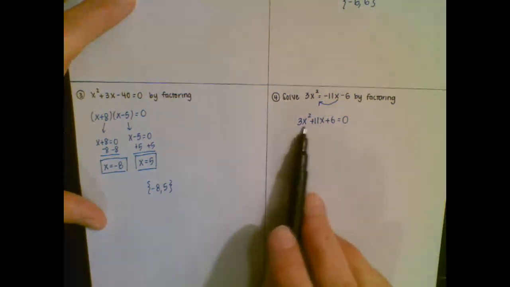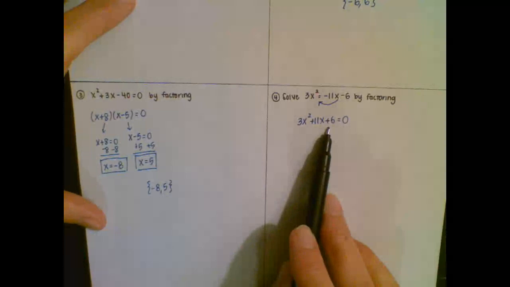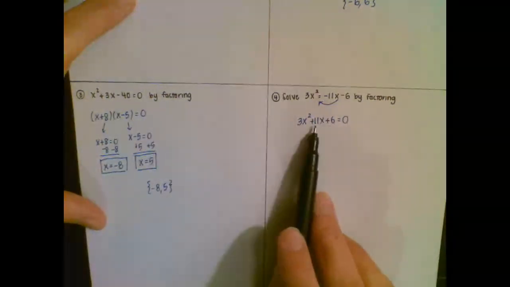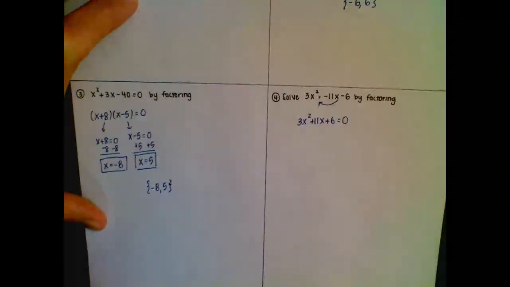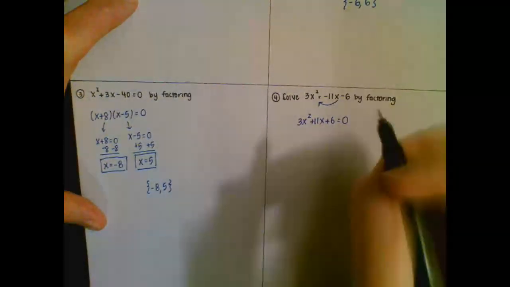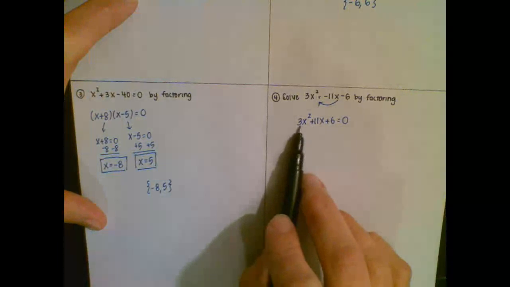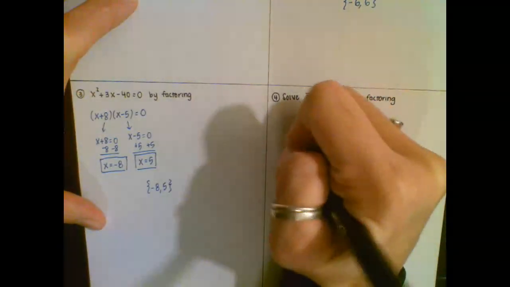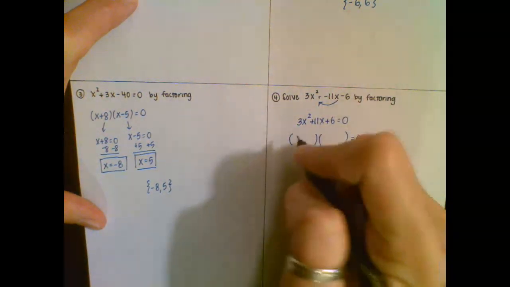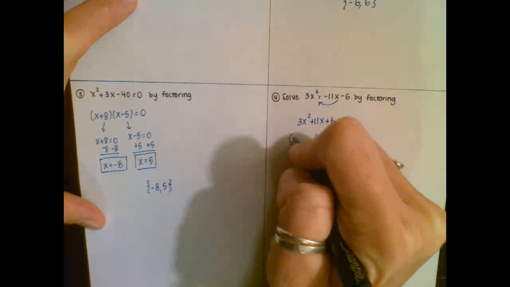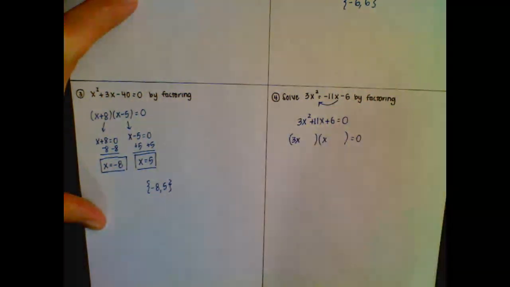I want to look for a GCF over here. I don't have a GCF because I know that 3 and 6 share a common factor, but 11 does not. So this is where I can do one of two things. I can do my guess and check method, where this 3 is a prime number. So I know that when I open up my parentheses, the only possible combination to get a 3x squared would be to have a 3x in one parenthesis and an x in the other.